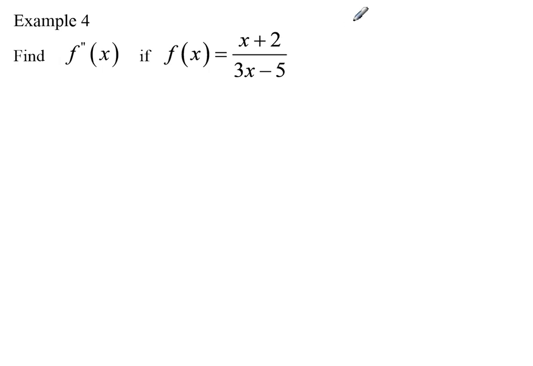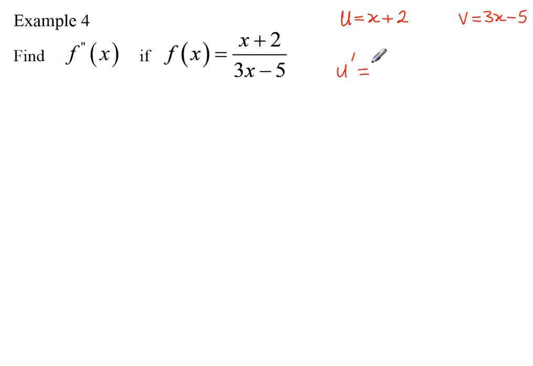So using the quotient rule, if I choose u to be the numerator, which is x plus 2, and v is the denominator to be 3x minus 5.